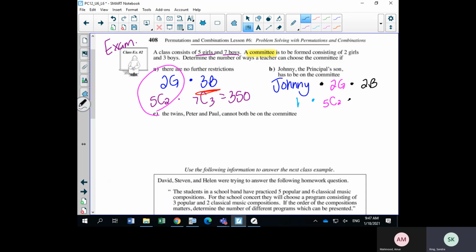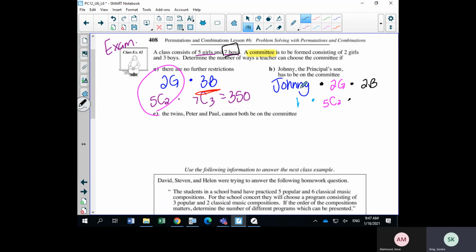Now, this one is a little bit trickier. It is not going to be 7 choose 2. Does anybody know what it would be? It would be 6 choose 2. The reason is there are 7 boys, which is correct, but one of those boys is Johnny.